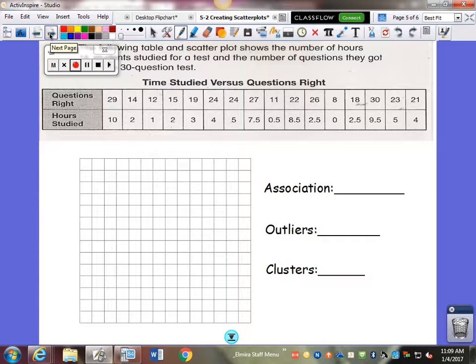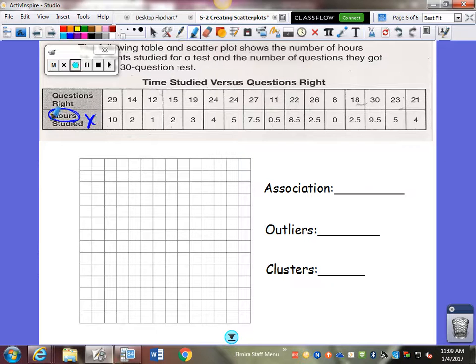All right, now we're looking at how many questions somebody got right versus how many hours they studied. Now, in this particular chart, I would say that the person set it up backwards because this is hours. Hours is the x-axis.